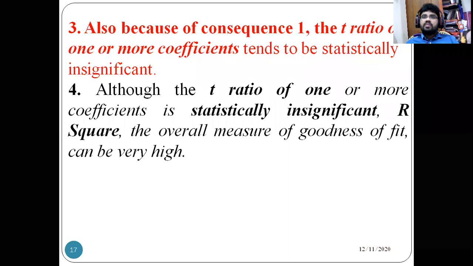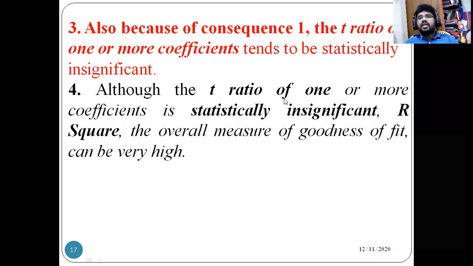We will get a statistically insignificant result, meaning we cannot get more than 2, or actually more than 1.96, which is the critical value at the 5% level of significance. So sometimes when there is a multicollinearity problem, the particular independent variables cannot be significant.